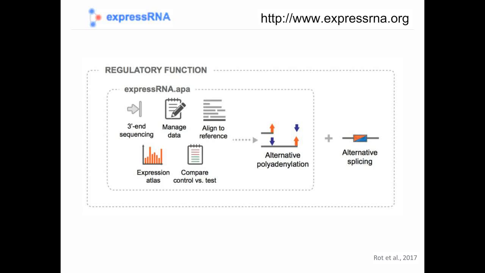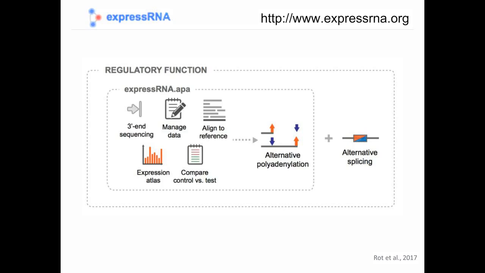So how do we study this and develop software to tackle this problem? What we did was develop a platform called expressRNA, and a specific part of this platform, which is intended to study alternative polyadenylation, is called expressRNA.APA.